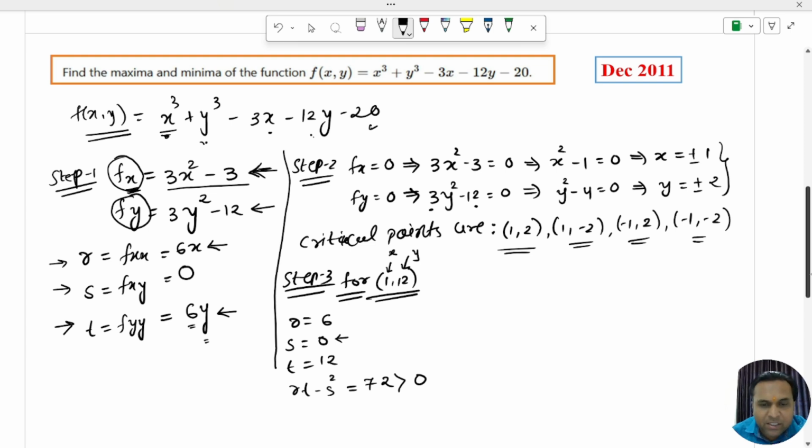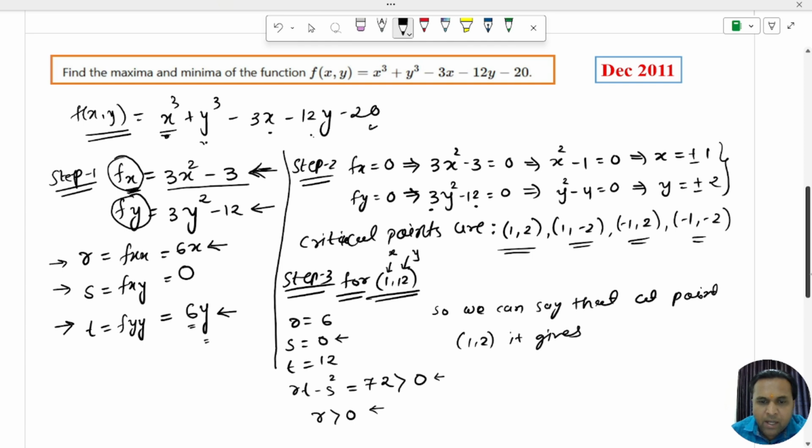Okay, if rt minus s square equals 0, then you have to check what your r is. My r is also greater than 0. If rt minus s square is greater than 0 and r is greater than 0, we can say that at point (1, 2) it gives a minimum.